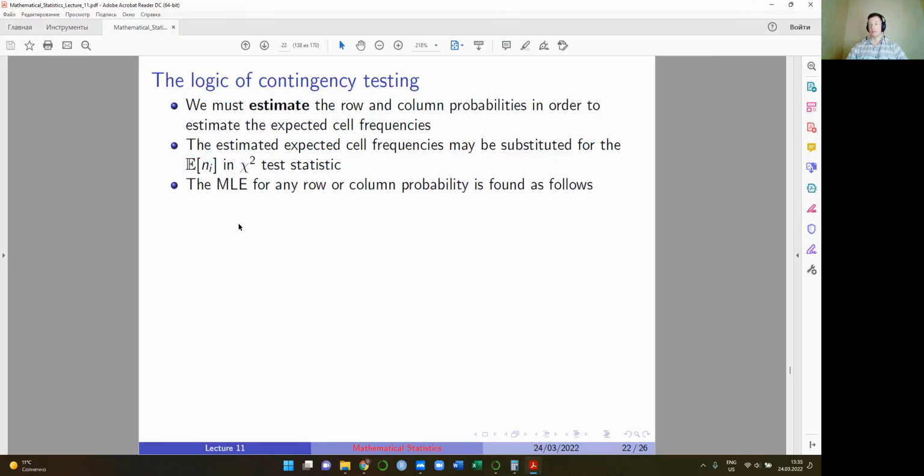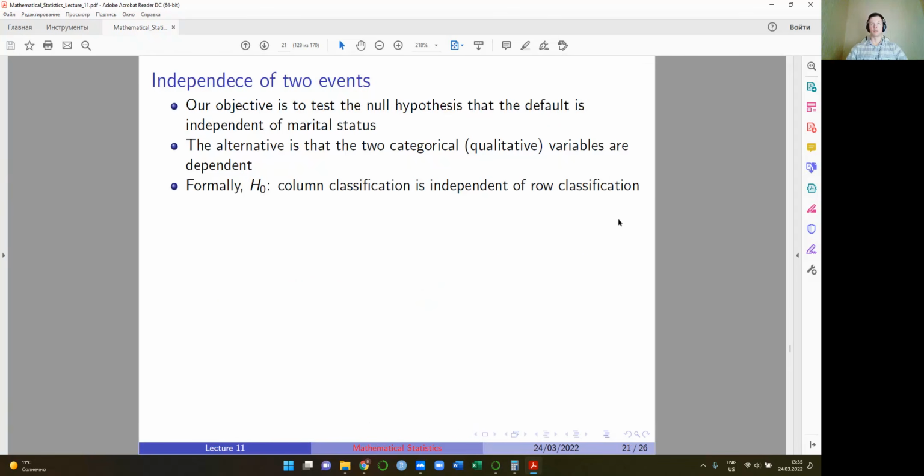This is out of the scope of the lecture, but the maximum likelihood estimators for any row or column probability are found in the following way. Nij is the observed frequency in row i, column j of the contingency table. Let me show you what we are talking about.